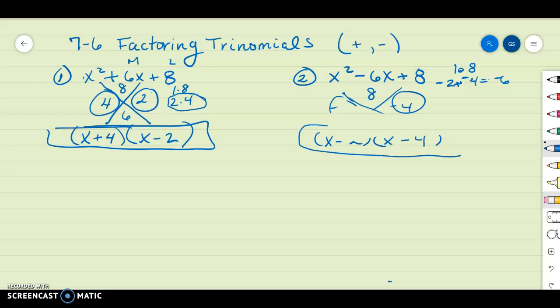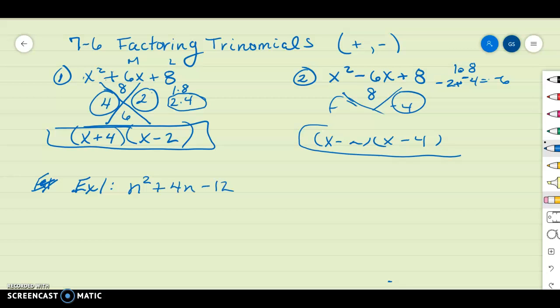What we're doing now is we're going to change it up. Example 1. My first example here is n squared plus 4n minus 12.